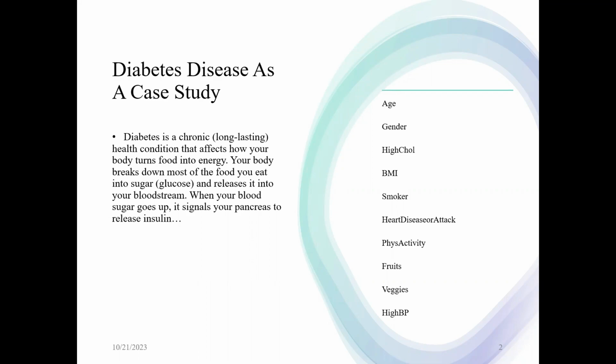Usually your body breaks down most of the food you eat into sugar or glucose, and then releases it into the bloodstream. However, sometimes when the blood sugar goes up too much, a signal is sent to your pancreas to release insulin to control it.